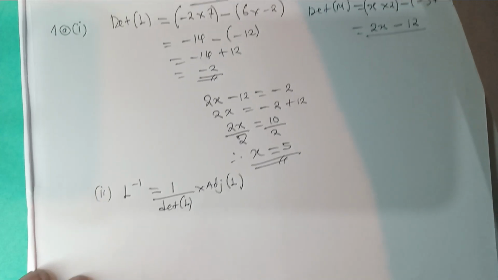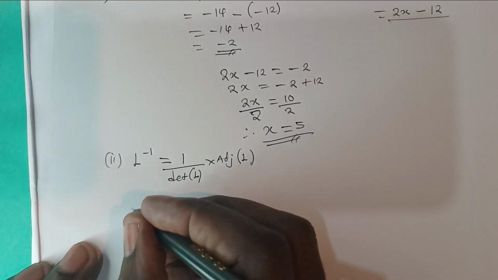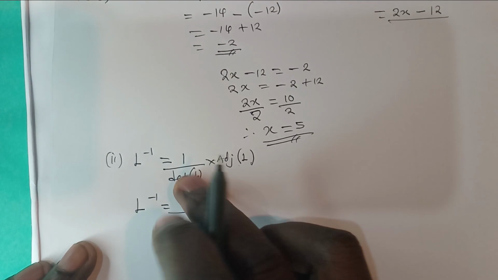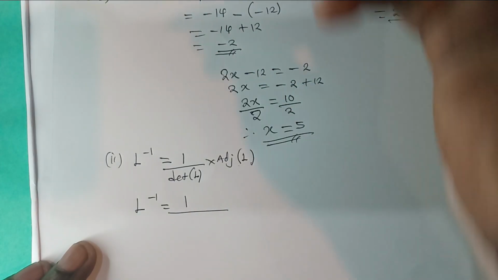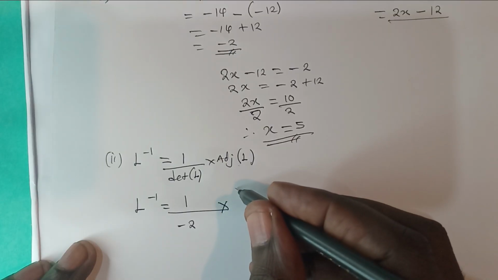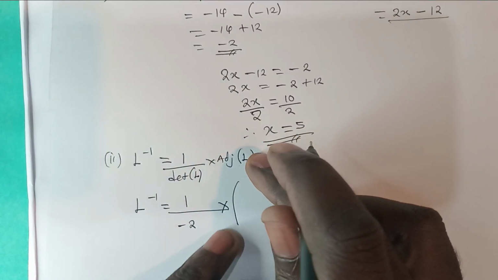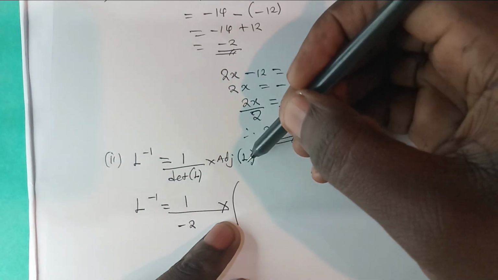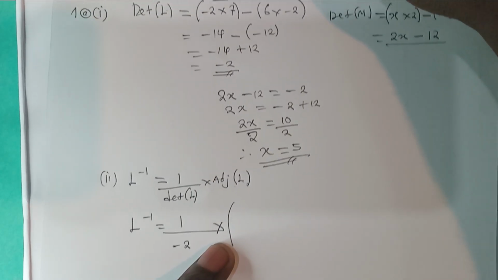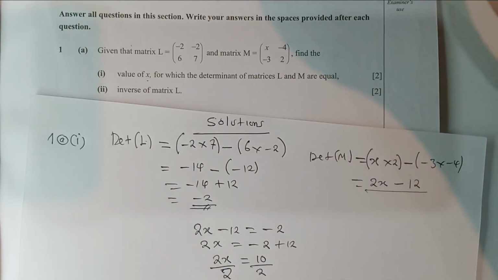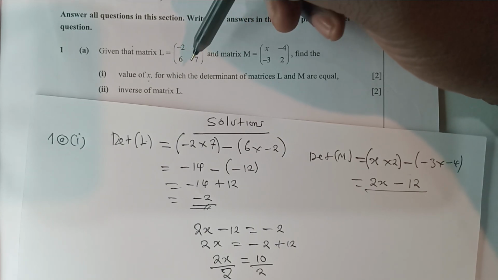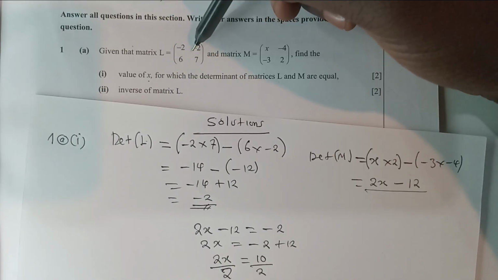and then we simply multiply the two parts. So from there we are going to say L inverse is equal to 1 over, so we substitute for determinant of L, it's negative 2. Then we are going to multiply this by the adjoint. So what is the adjoint of the matrix L? So the adjoint is the matrix that is formed when we interchange, for the major diagonal, the positions of the elements, and then for the minor diagonal, the signs are going to change.